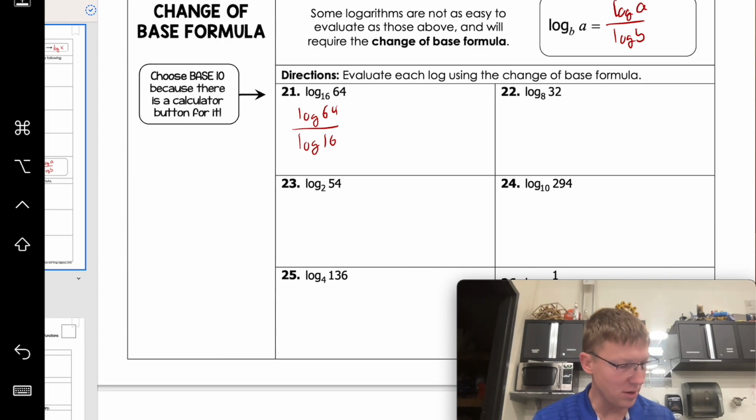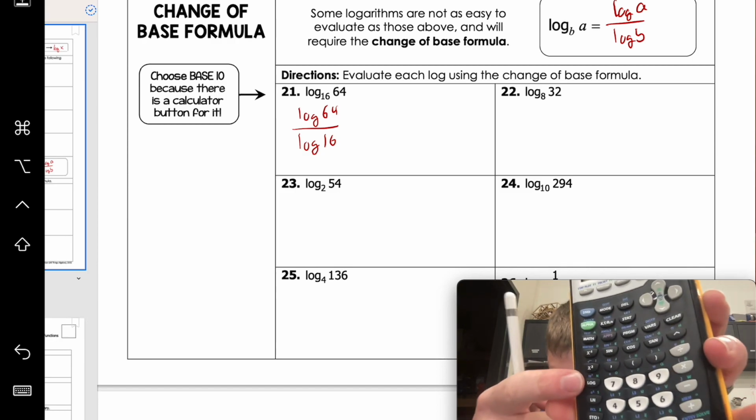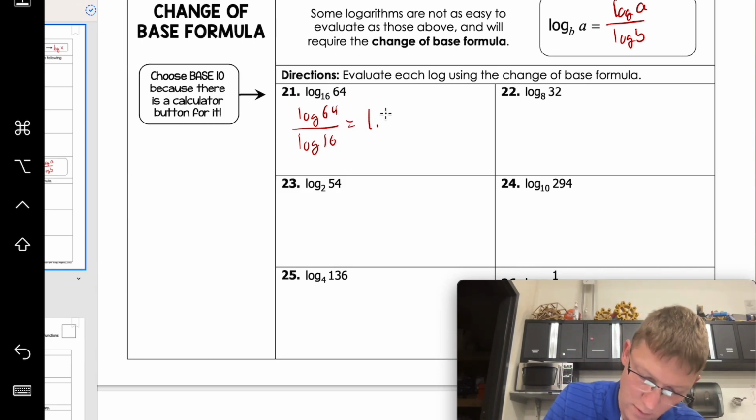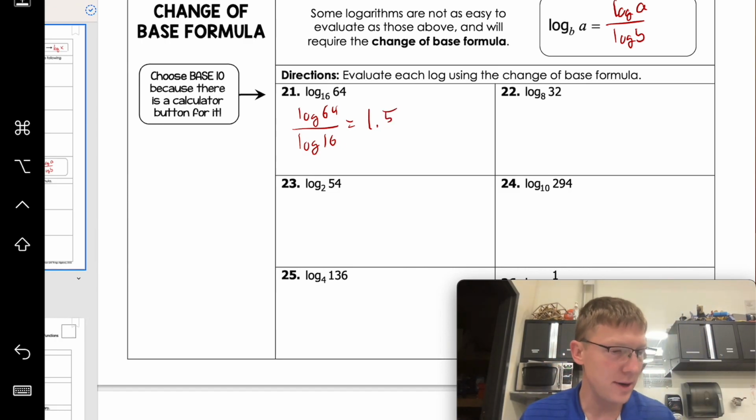I push the log button, log of 64, close parenthesis, divided by log of 16, close parenthesis, and it tells me it equals 1.5. I'm sure somebody could figure that out without a calculator, but what's the point, right?